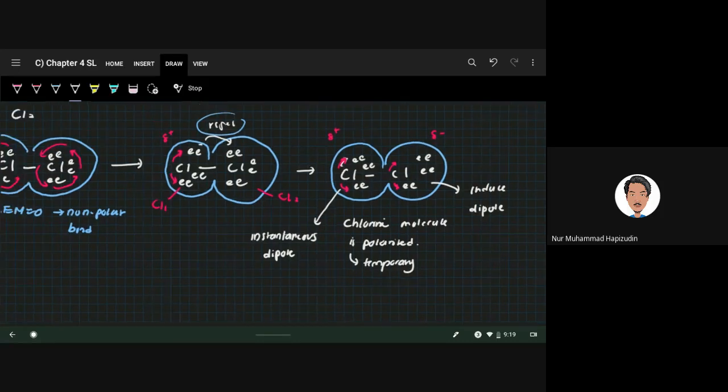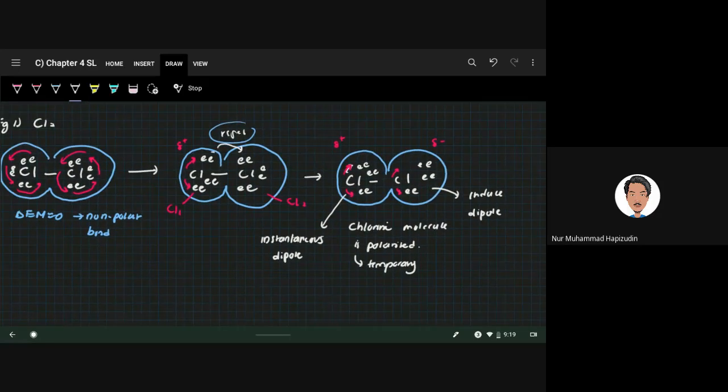So in London dispersion force, it involves two roles of atom. The first atom triggers the polarization, which is chlorine 1. The second atom has the dipole induced. Induced means it is affected by the chlorine 1 earlier. It is influenced by the other chlorine. We call it an induced dipole.